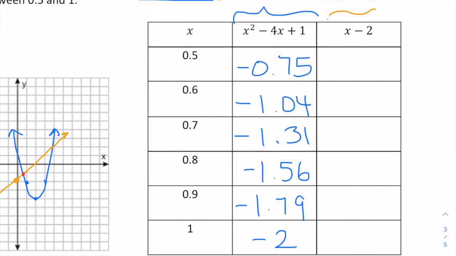So when I plug in 0.5, 0.5 minus 2 is negative 1.5. Plug in 0.6, you get negative 1.4. And plug in 0.7, negative 1.3, negative 1.2, negative 1.1, and negative 1. So what we want to do is figure out which value is the closest.